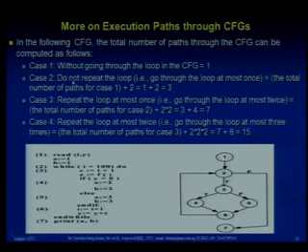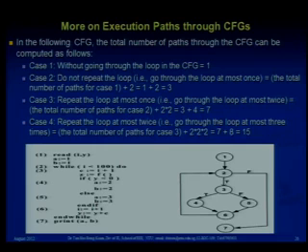Case 2. Do not repeat the loop. That means go through the loop at most one time. Without repeating the loop, that means you will go through the loop, but when you do, you will go through at most one time. At most one time can be not going through the loop, plus going through the loop one time. So case 2 is actually case 1, without going through the loop, plus another subcase, that is going through the loop exactly one time.